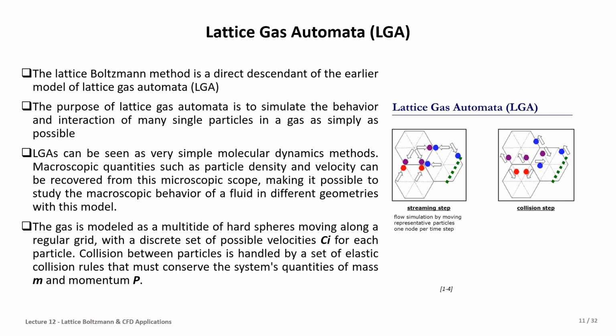To see where the lattice Boltzmann method came from, let's look at the lattice gas automata. Indeed, the lattice Boltzmann method is a direct descendant of the earlier model of lattice gas automata, called LGA. It is a type of cellular automaton used to simulate fluid flows.